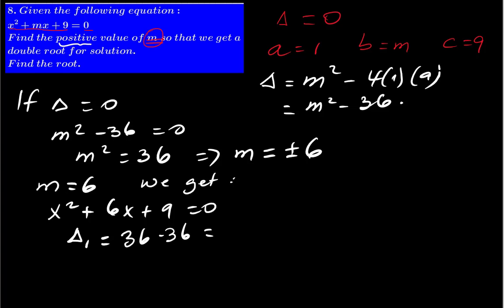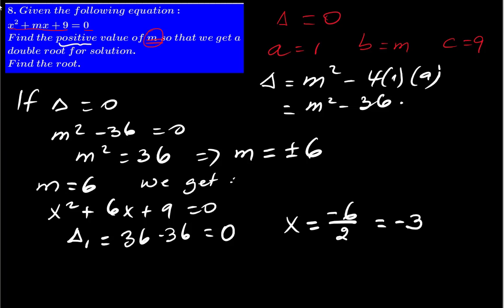As you can tell, this is equal to 0. So x, the double root, is equal to minus b, being 6 here, so this is minus 6, over 2a, over 2, which is equal to negative 3. So the root is negative 3.